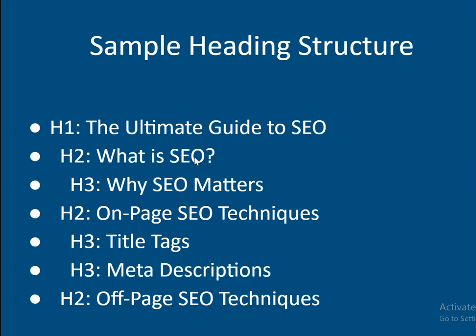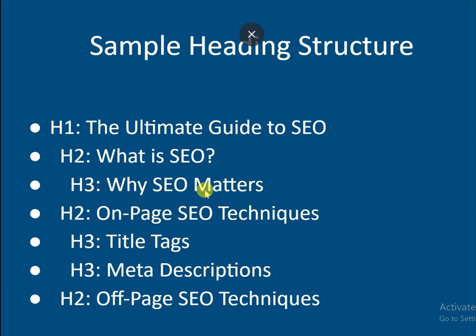Under what is SEO, we add more detail using H3 like why SEO matters, which explains a specific point under the H2. Next, another H2 kicks off the next main section, on-page SEO techniques, followed by H3s such as title tags and meta descriptions. Finally, we end with another H2 section, off-page SEO techniques, which could include further H3s like backlinks, social signals, and so on.